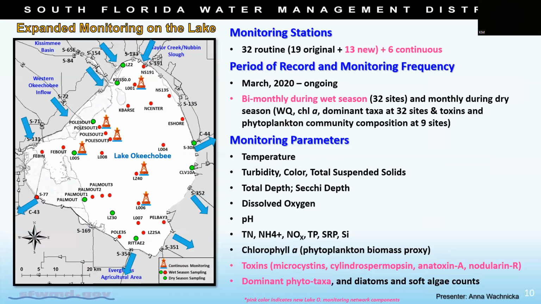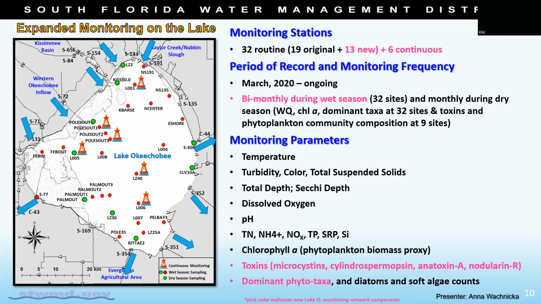Okay, so here's our expanded monitoring on the lake. Like I mentioned earlier, this expanded monitoring was created in March of 2020, but we did have 19 original sites with water quality data dating back to the late 70s or early 80s.